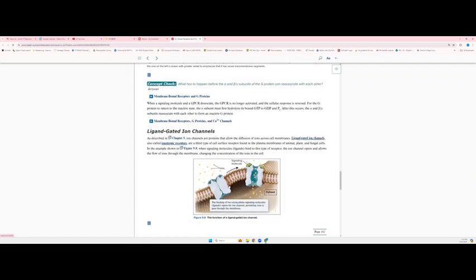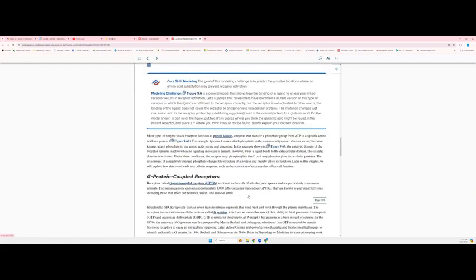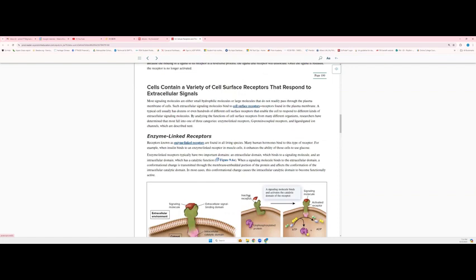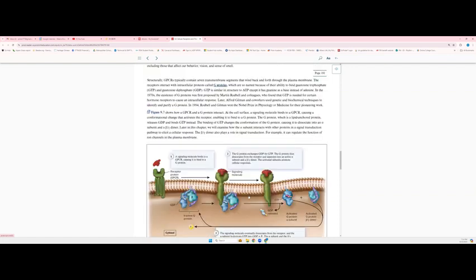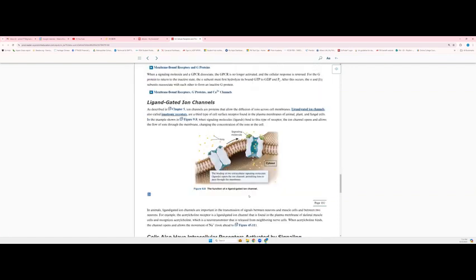And then we're going to talk about ligand-gated ion channels as another type of receptor. So how does it work? Ion channels, for example, we've been talking about ion channels when discussing how the cell membrane exchanges material between the intracellular and extracellular space.